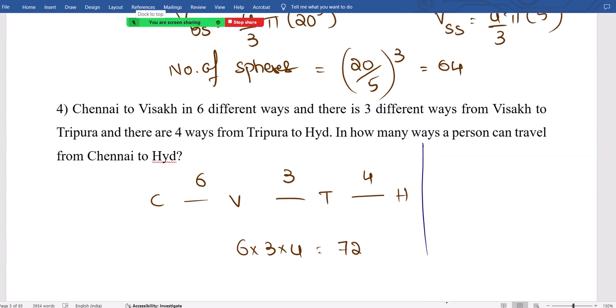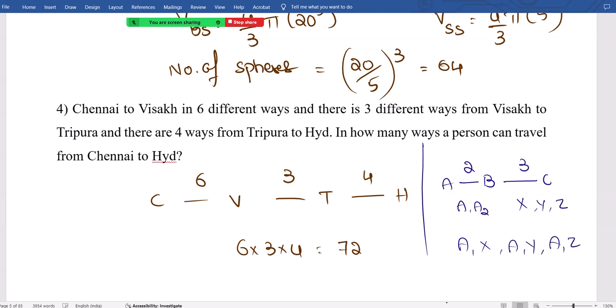What you can do, let's say A to B, there are 2 ways. B to C, there are 3 ways. Here the 2 ways let us call A1, A2. The 3 ways let us call X, Y, Z. Then the different ways possible: I can go from A to B in A1, then B to C with X route, A1 Y route, A1 Z route.